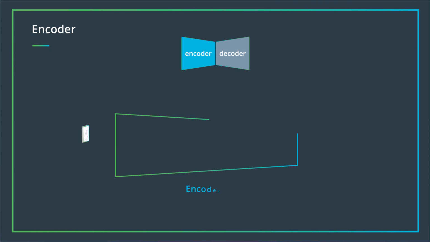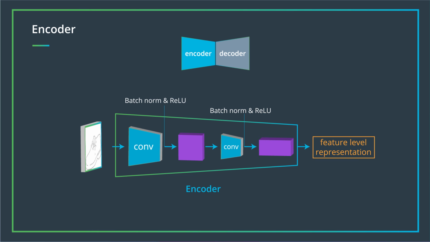We are operating on the assumption that the style and content of an image can be separated. And this is exactly what the convolutional layers in our generators are learning to do. So the encoder half of a generator is a convolutional neural network whose job is to extract features from an image that distill information about the content of that image and discard any extraneous information.